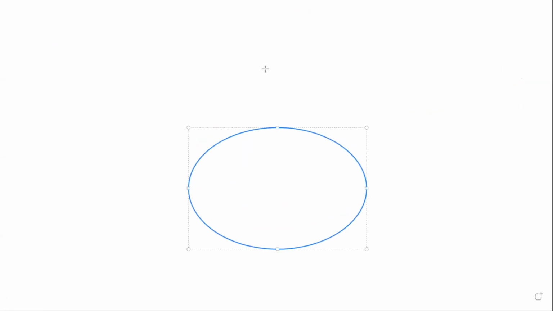So this is the outer membrane. The green color one is the outer membrane and the blue color one is the inner membrane.